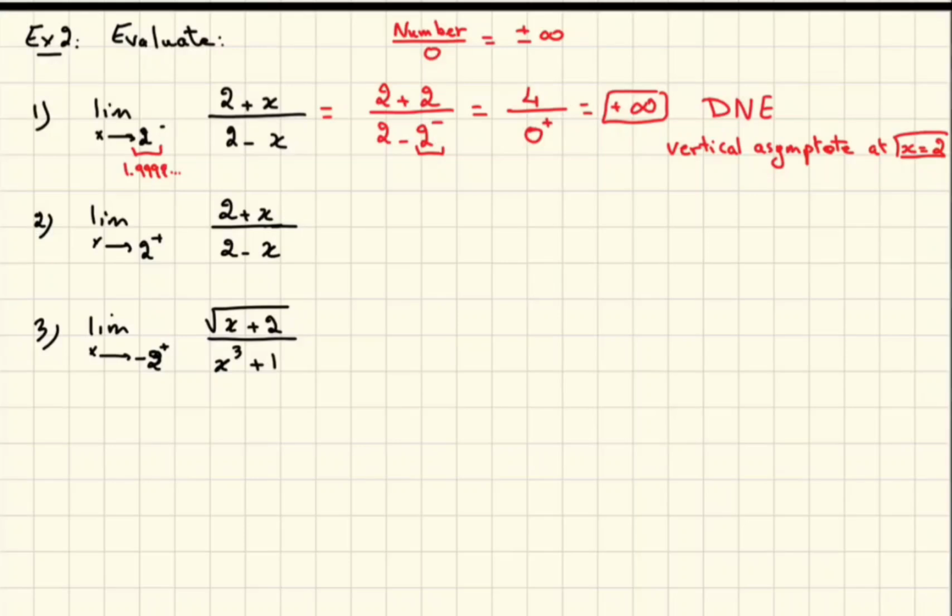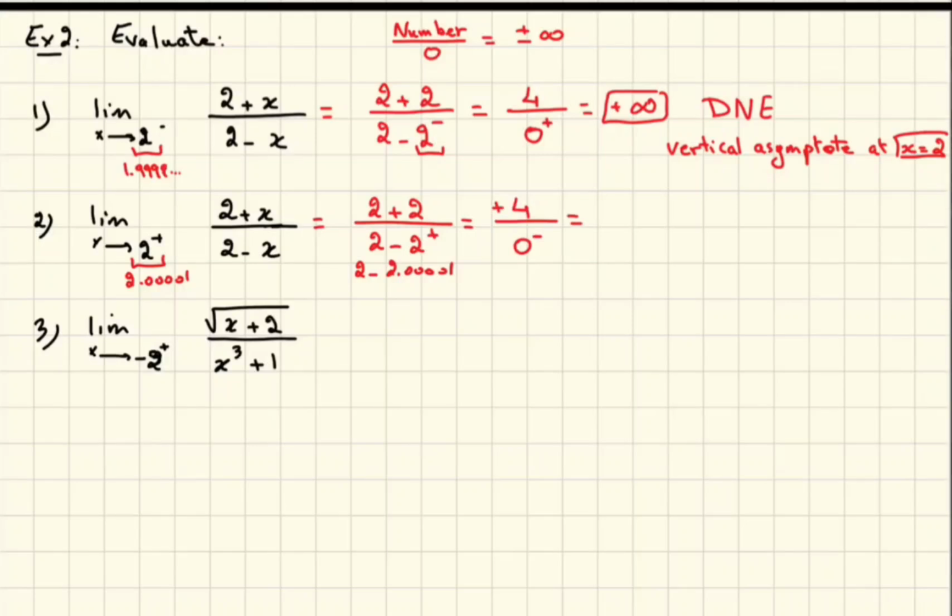I'm gonna make another video about asymptotes. Now let's check the one here. Instead of x, we replace with 2. On top, we don't care if it's plus or minus, but the one down, we care. 2 plus means like 2.00001. When I do 2 minus 2.00001, my answer will be like 0. But imagine you're doing 2 minus 2.00001, it's gonna be like minus 0.00001, as if you are on the left side of 0, so it's 0 minus.